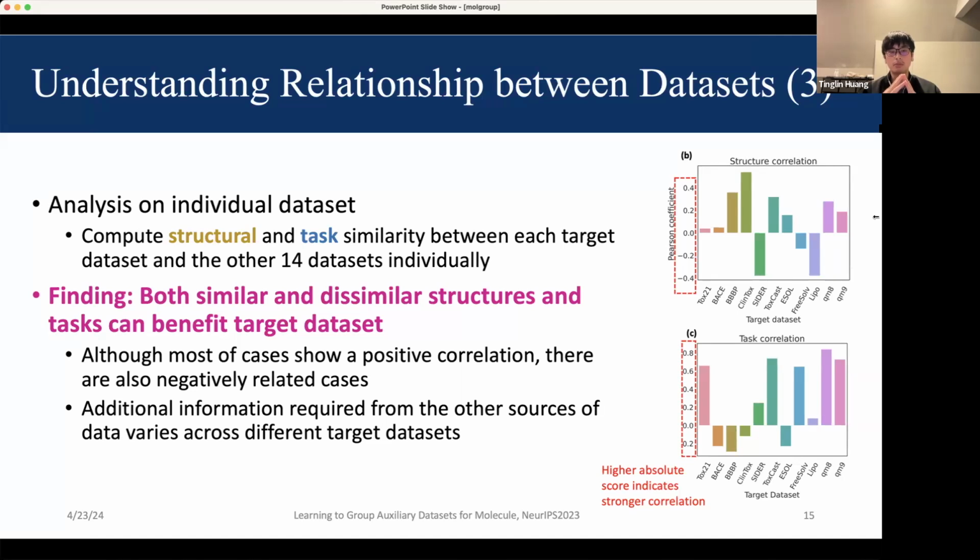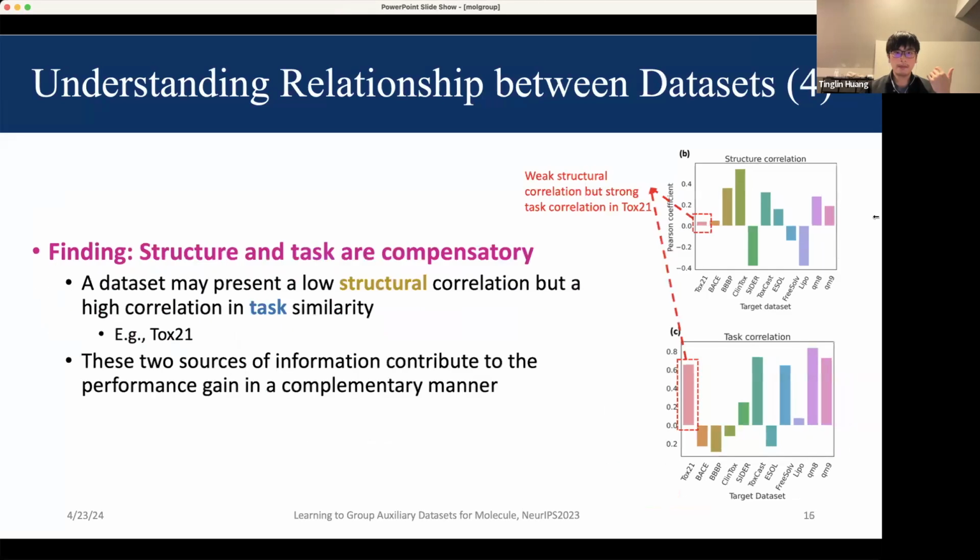So in conclusion, both similar and dissimilar structure and task can potentially benefit the target data sets, but it depends on the target data sets. Another interesting finding is that these two pieces of information are compensatory.